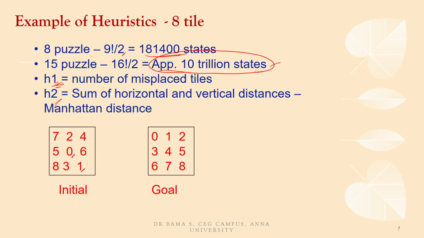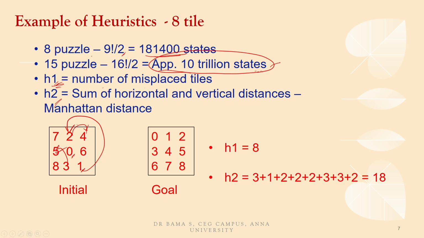Suppose you take the first one, h1, the number of misplaced tiles. 1 should be here in this position, 2 should be here, 3 should be here. So, the number of misplaced tiles here is going to be 8. All the tiles here are misplaced, and the blank we are not counting.